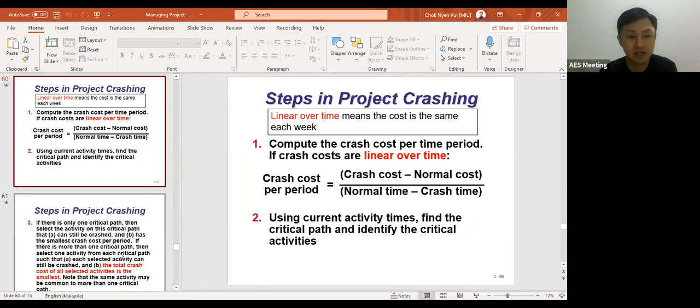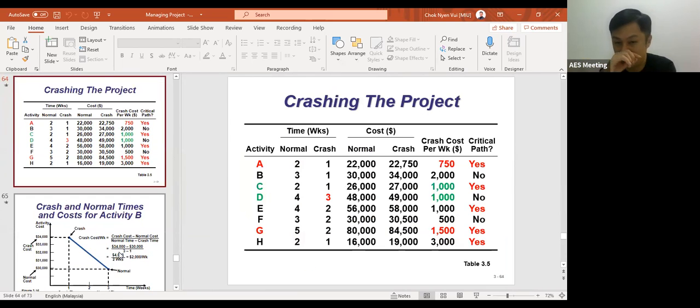For example, like just now, showing you about this project here. Project crashing, we should always select based on the activities on the critical path. Remember, activities on the critical path. We have 5 critical activities here: A, C, D, G, and H. You try to determine which critical activity on the critical path will have the lowest cost per period.